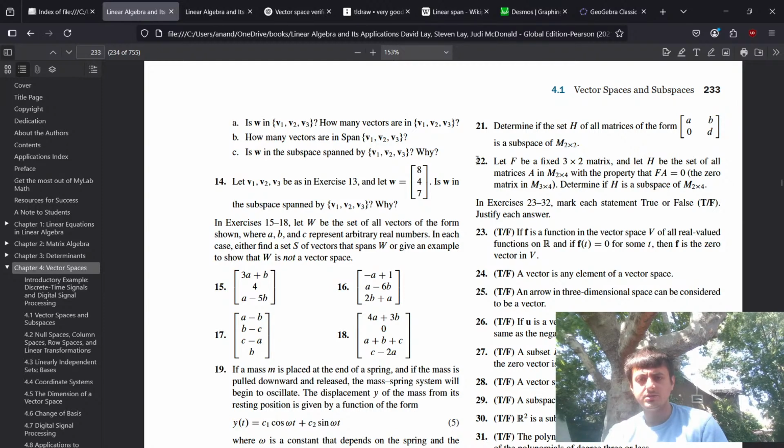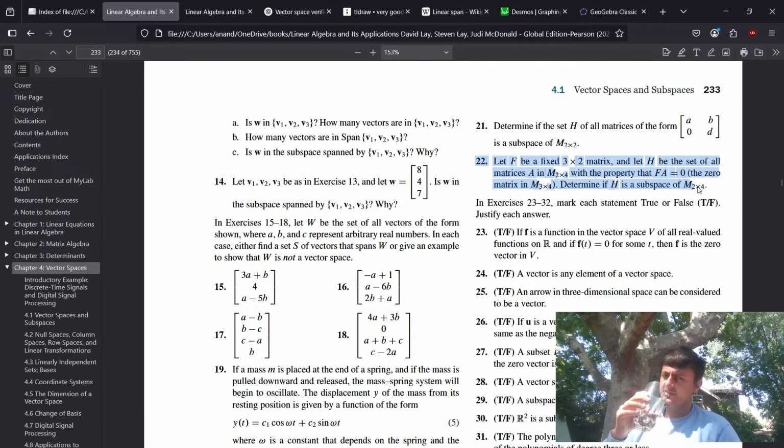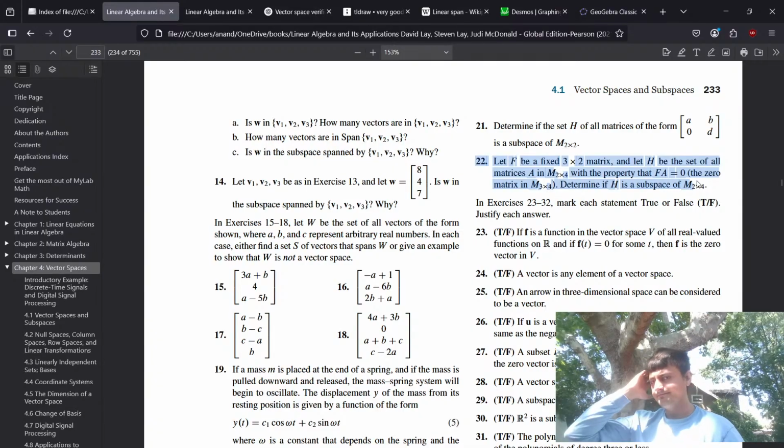So we're doing this one. Let F be a 3 by 2. Let H be the set of all matrices in 2 by 4. That's a very good problem.